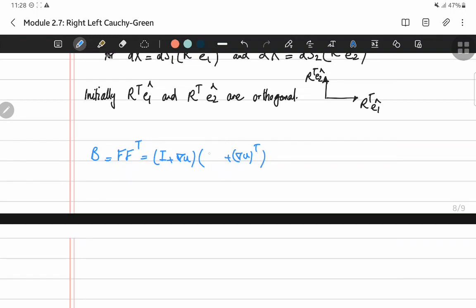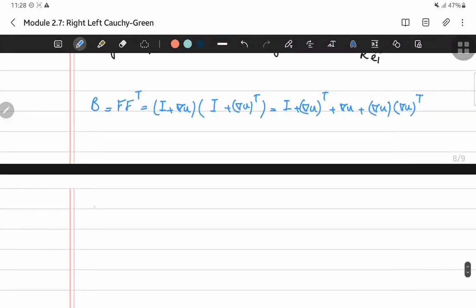I transpose is the same as I, so I have del U in here. So I have I plus del U transpose plus del U plus del U del U transpose. So B is equal to this expression here.